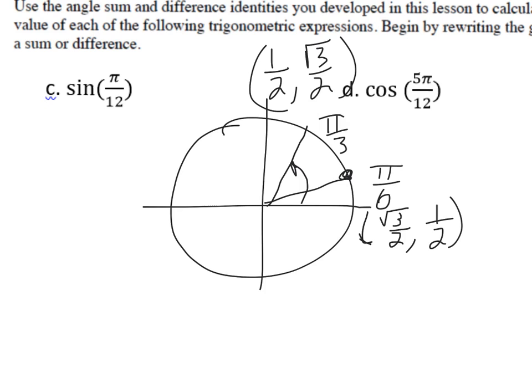And we also know that the x-coordinate is always going to be the cosine of our angle, comma, the sine of our angle.